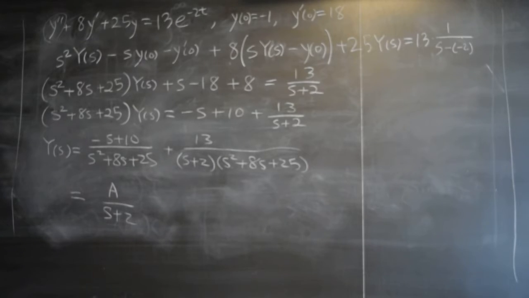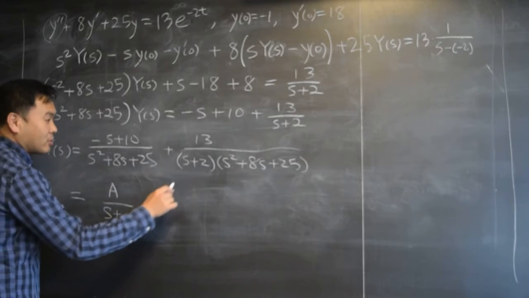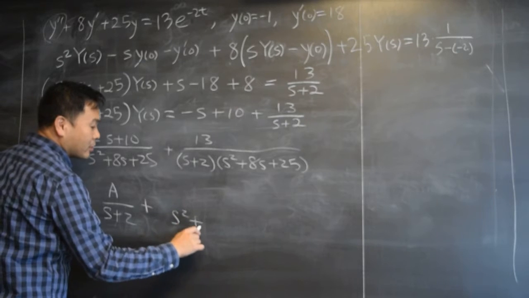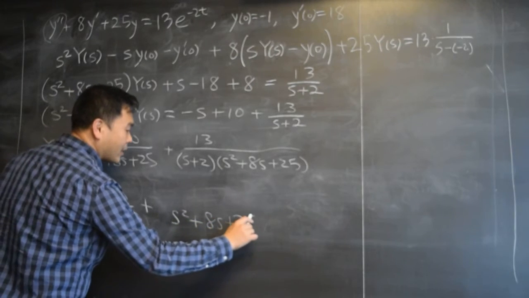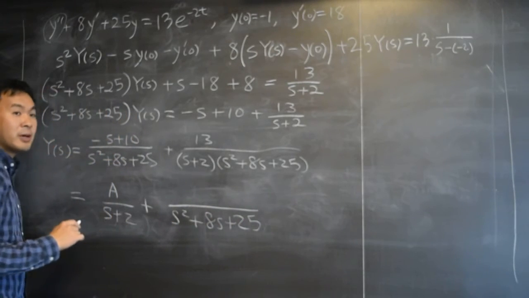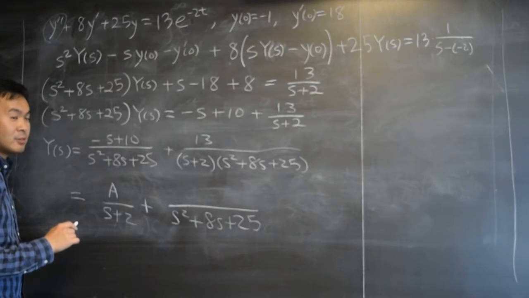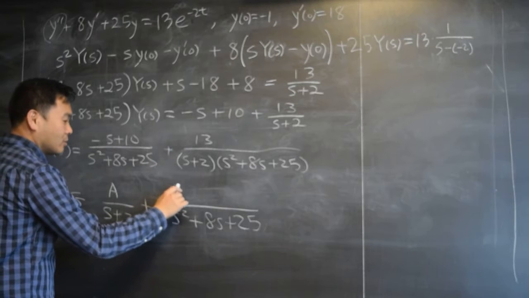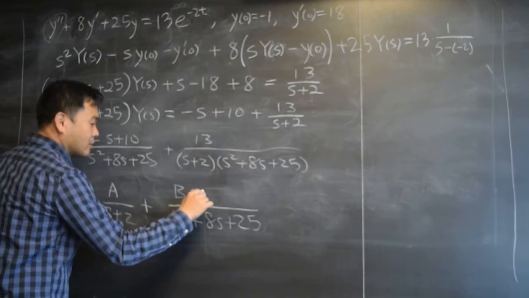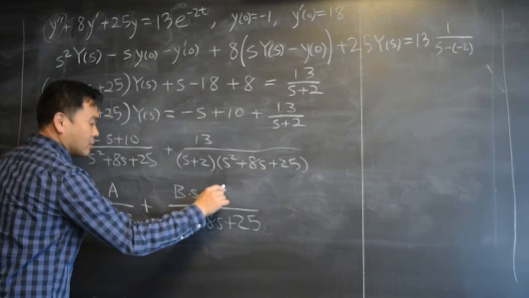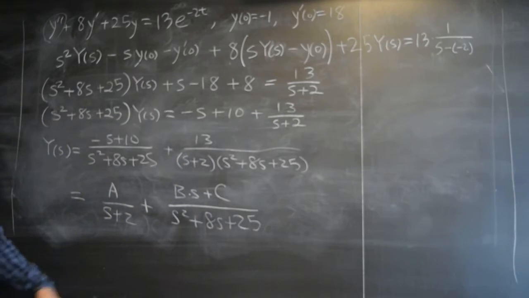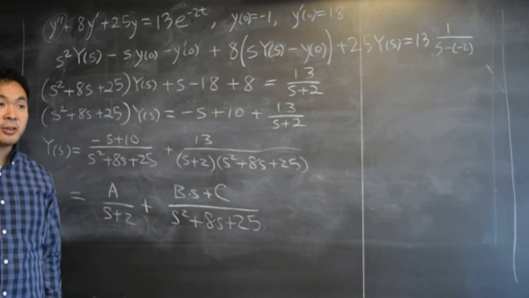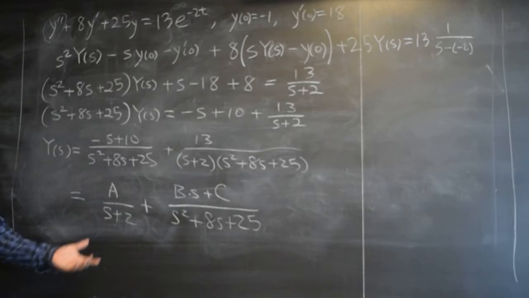Okay. And then I see another one, which is s squared plus 8s plus 25. And you put what? B. No, it's a quadratic one, so Bs plus C. You need a first order numerator if it's a second order denominator. So that's how you do partial fractions.